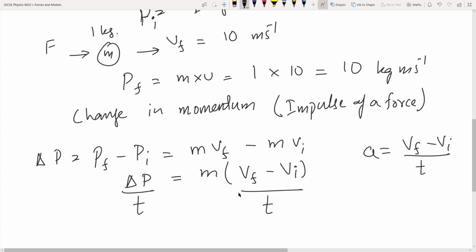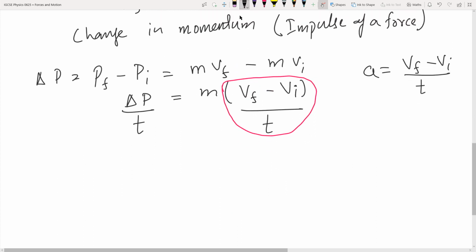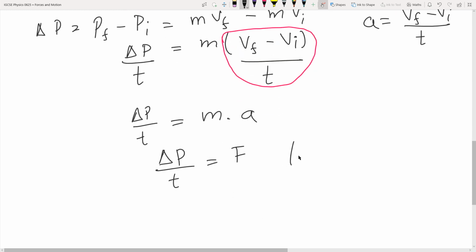So this whole thing becomes acceleration, right? So this could be delta p by t, the change in momentum over the time it took to change the momentum, which should be equal to mass into acceleration, and we do know mass into acceleration is actually force, right? So this is the impulse force that changed the momentum.